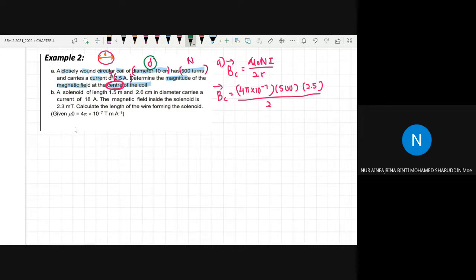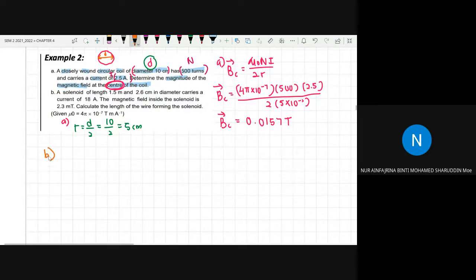Nak dapatkan radius adalah diameter divided by 2. So, 10 cm divided by 2, awak akan dapatlah 5 cm. So, here you akan substitute dengan 5 times 10 to the power of negative 2. So, tekan calculator, you will get your magnetic field at the center of the coil ialah 0.0157 Tesla. Okay, ni untuk A.